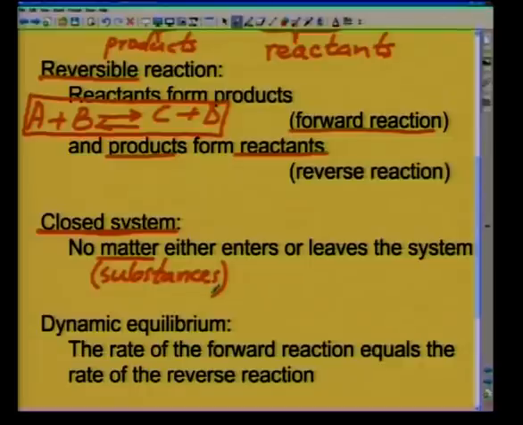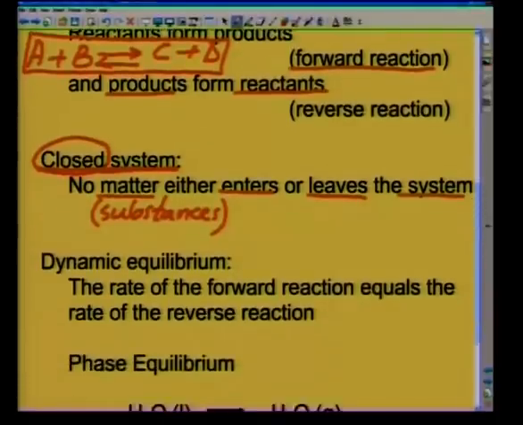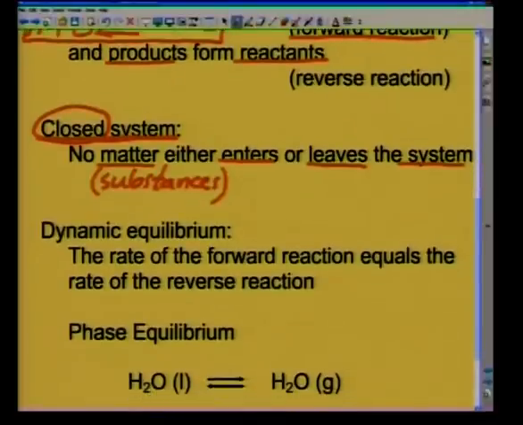So no atoms, no molecules will either enter or leave the system because the system is closed. So we're talking about a closed system because no material, no substance, no molecule, no atom is leaving or entering this system. It is a closed system. All right, so that's a very important terminology that is used in chemical equilibrium, and understand what it means.